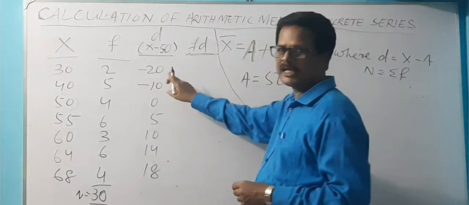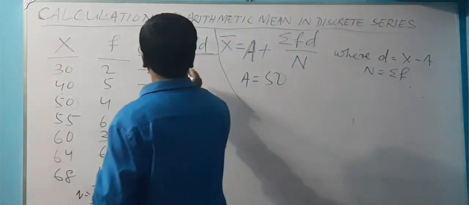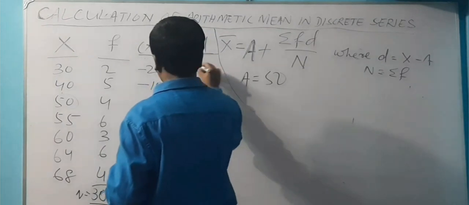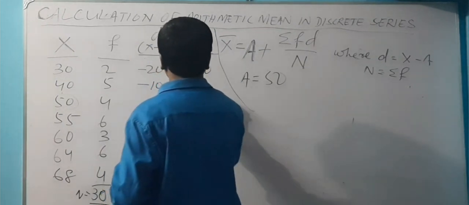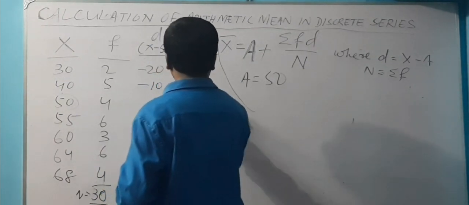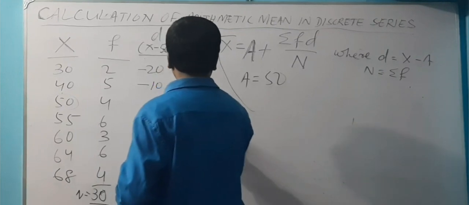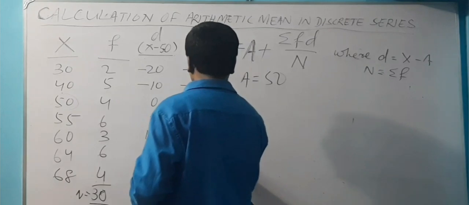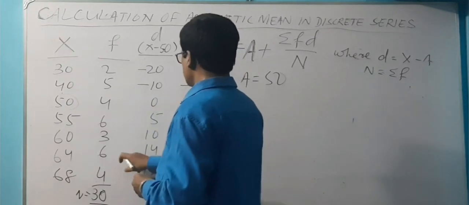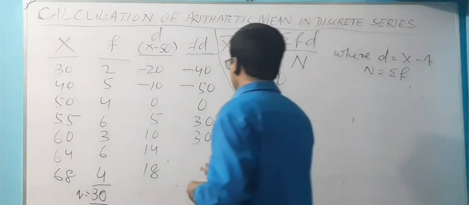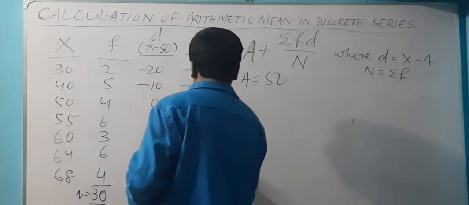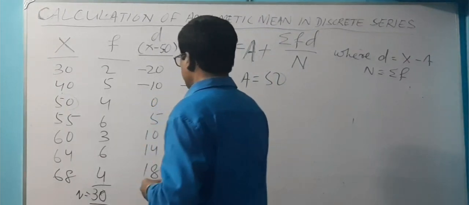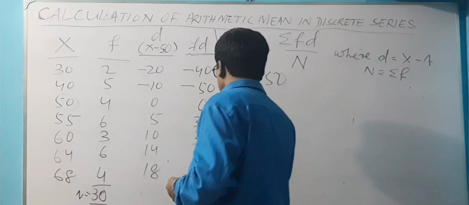F into D: minus 20 into 2, minus 40. Minus 10 into 5, minus 50. 4 into 0, 0. 6 into 5, 30. 3 into 10, 30. Then 14 into 6, 84. Then 18 into 4, 72.